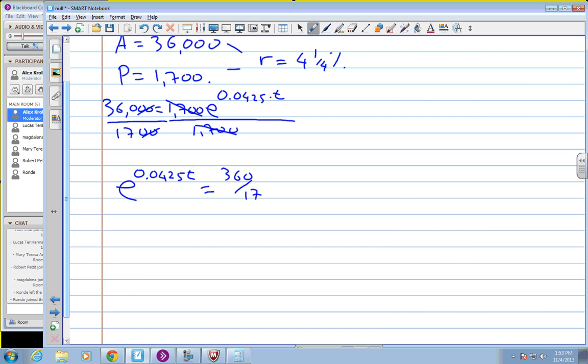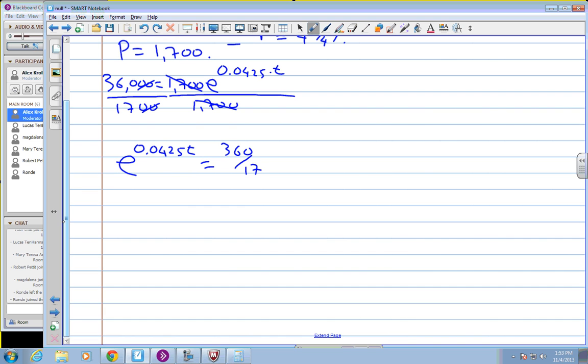Right? Well, now, since we've already done a little bit of work, what if I ask you to rewrite this expression in the logarithmic form? ln of 360 over 17 equals 0.0425 times t.